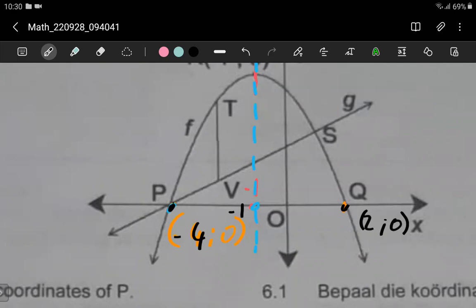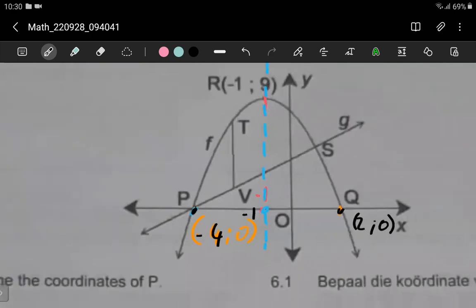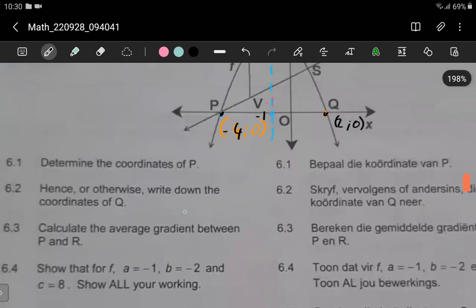What I'm trying to say is it's an existing law, so you can just use it, because if you check the mark allocation here, I bet it's like 2 marks maximum. It is 2 marks. Yeah, because they're gonna give you 1 mark for the x, 1 mark for the y, and that's it. Yeah, but then it still has to be written in a certain way.